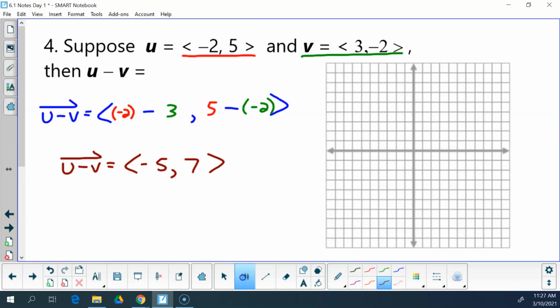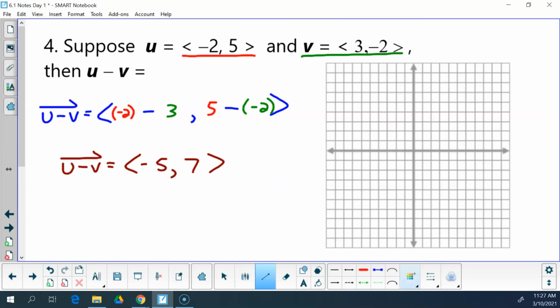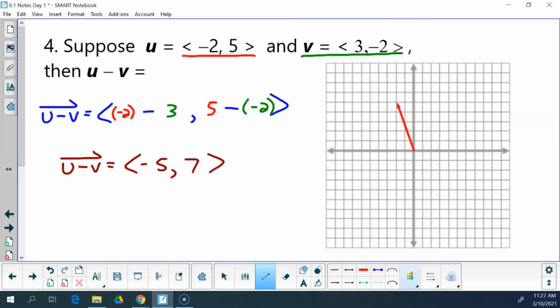Graphically, we would have negative 5, 1, 2, 3, 5.